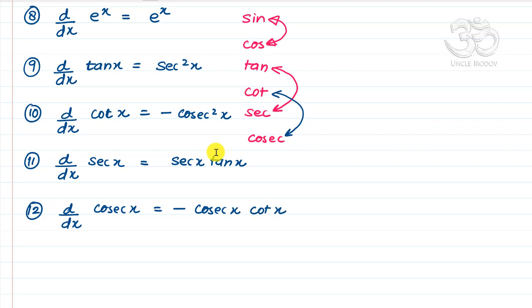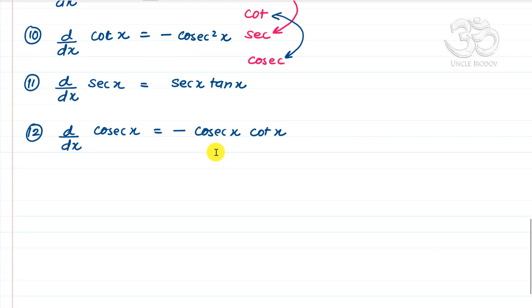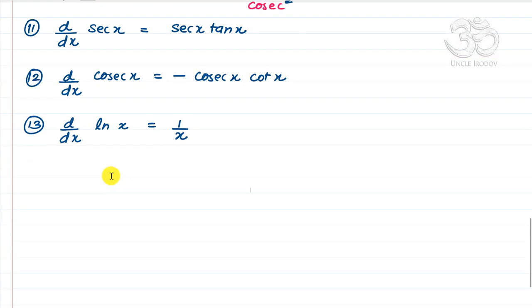Right, so it's the same pattern which is being followed in these trigonometric formulae. Then you should know something about ln x. d by dx of ln x gives you 1 by x.